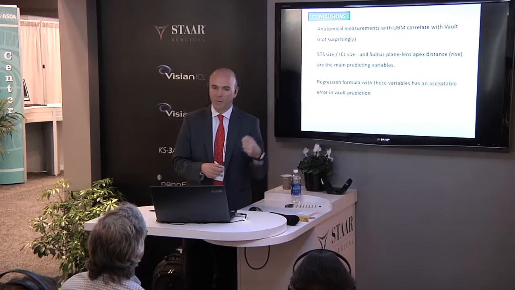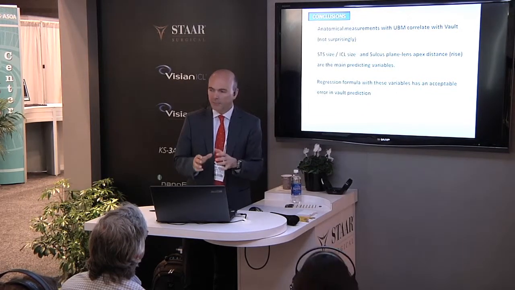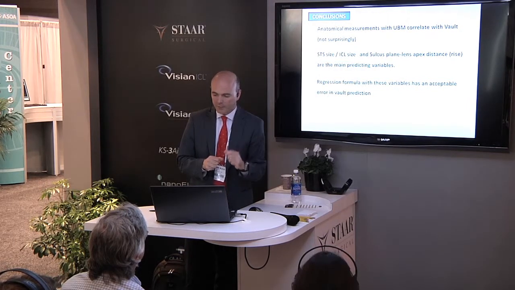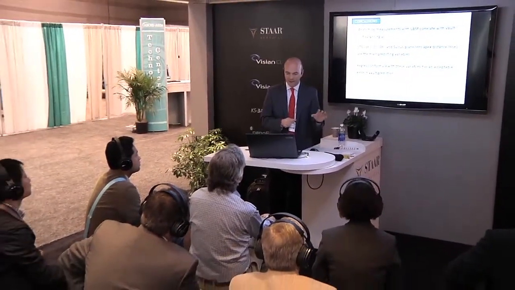We can add other biometric variables like the angle to angle or the ACD or maybe the H, but the main predictors remain the UBM measured variables. And a regression formula with these variables has an acceptable error in vault prediction, and I think this is a step forward in ICL sizing right now.